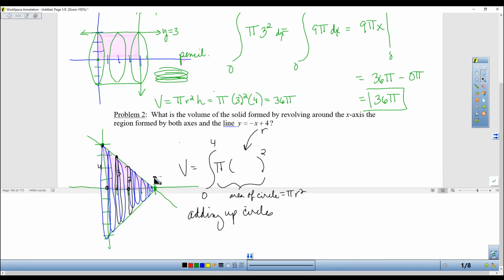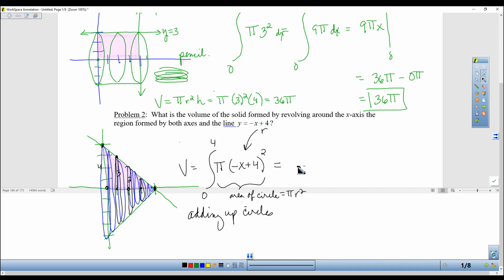When x is 2, when I'm way out here at 2, the radius is 2. When x is 3, the radius is going to come out to be 1. And then at x is 4, if I put a 4 in there, I'll get 0, which makes sense. The radius right there is 0. There's no more radius. So what is the radius? The radius is always negative x plus 4. And that radius is going to keep changing from 0 to 4.